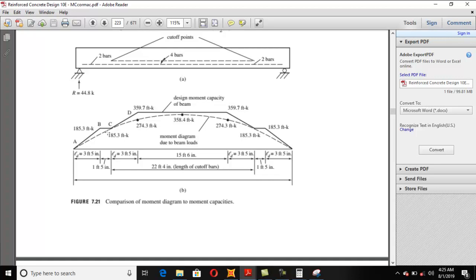Okay, so you can calculate, because at point C you know the moment capacity, which is this one.